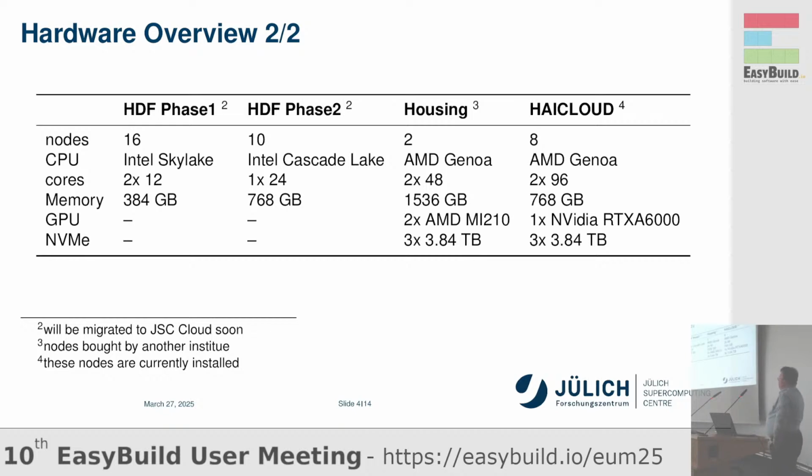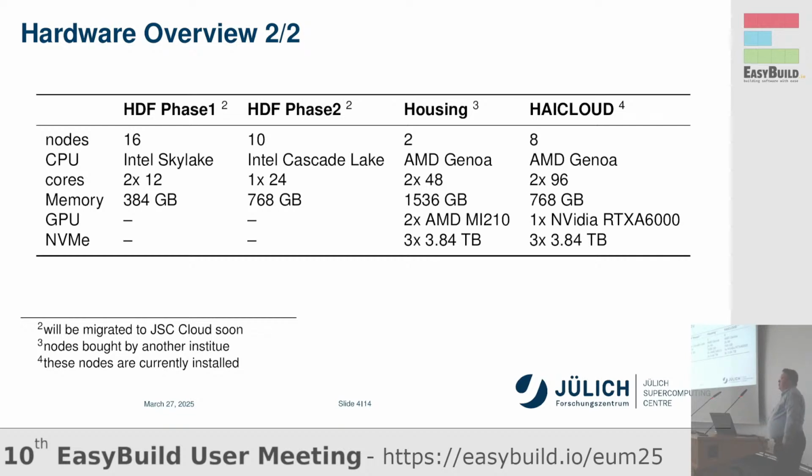Then we also have housing nodes. These are nodes that are bought from an institute that just wanted to have these nodes with AMD GPUs for their workloads, and we have them as well. Very recently, we are also adding eight Zen 4 nodes.